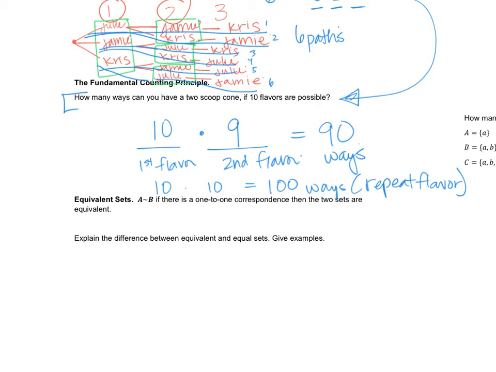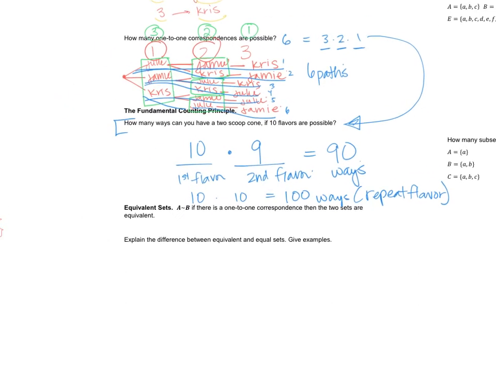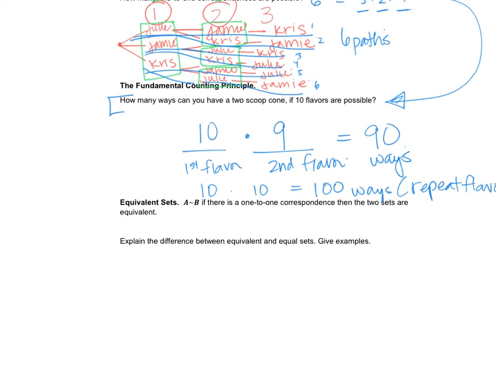Now, I used this fundamental counting principle, but I could have done a chart and multiplied it the same way that I did for finding these one-to-one correspondences, because I could say, okay, there are 2 scoops, so first and then second. I could have this starting point, and I'm going to 10 different options, right?